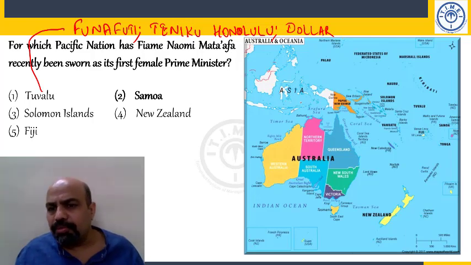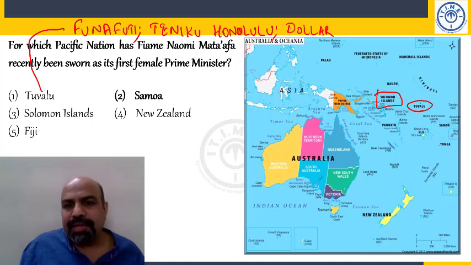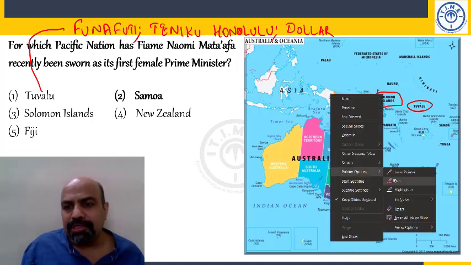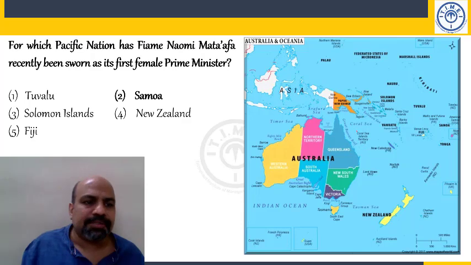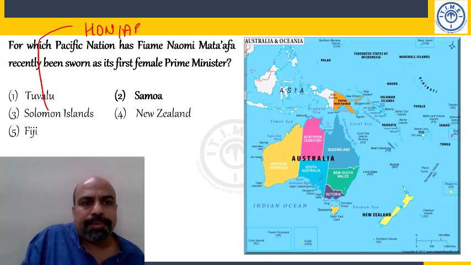Solomon Islands. These are Solomon Islands. This is Tuvalu, so small that you can put a dot here and forget about it. Solomon Islands has nearly 10,000 small and big islands. Honiara is the capital.